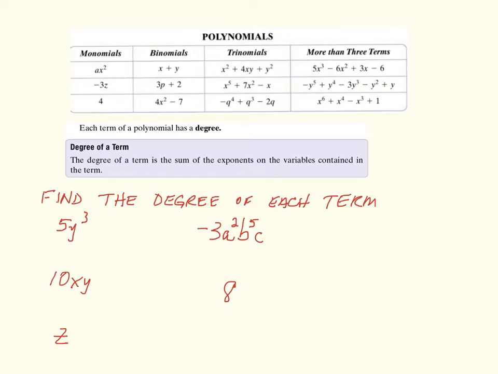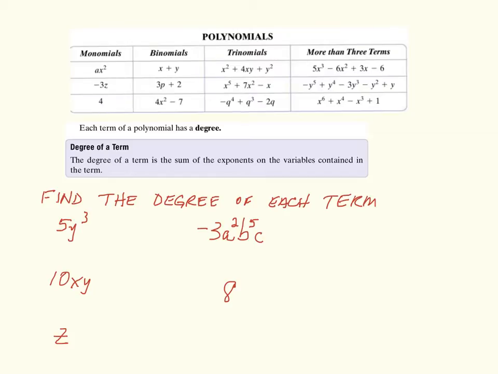So each term of a polynomial has what we call a degree. The degree of a term is the sum of the exponents on the individual variables contained in the term.